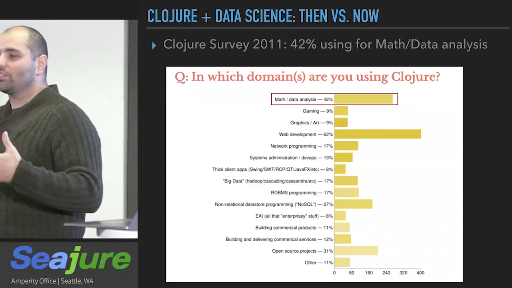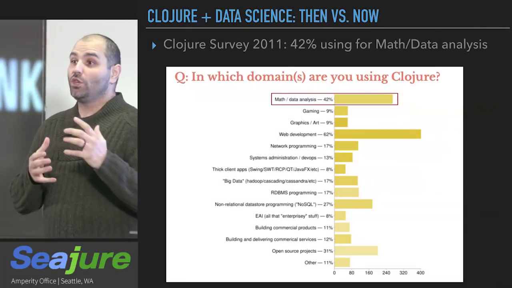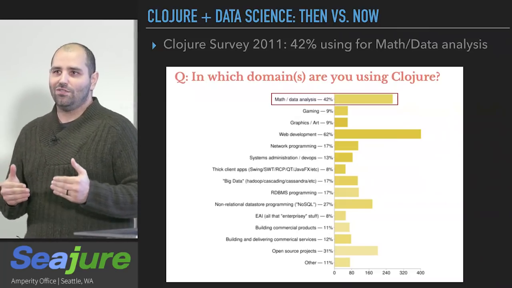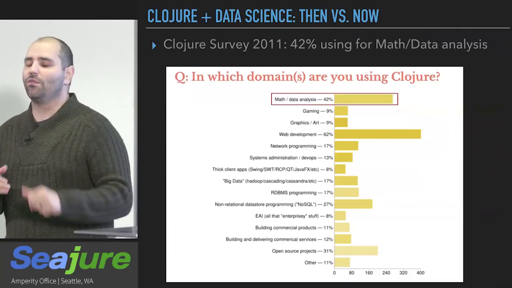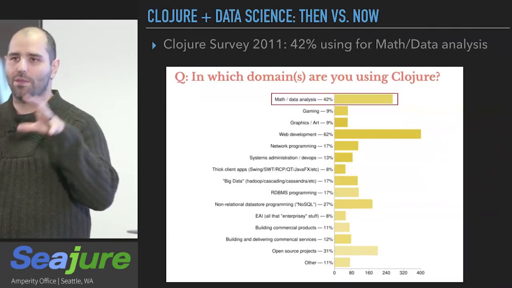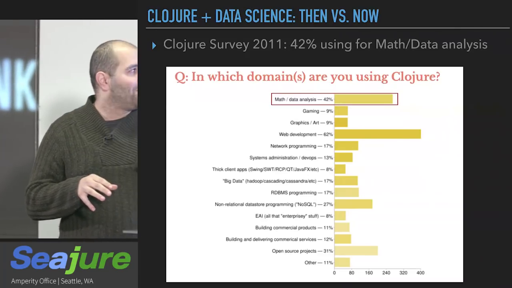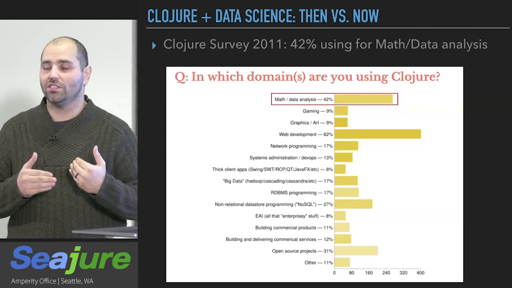But the number two answer was math and data analysis at 42%, which is a staggering number, right? Remember, this is not 2019. This is 2011. This is pre the hype around neural nets, I should say, because neural nets are from the 80s at least. This is a while ago, so that's actually significantly strong.